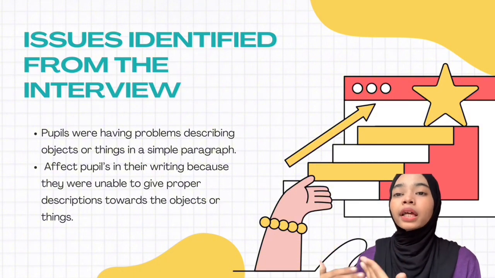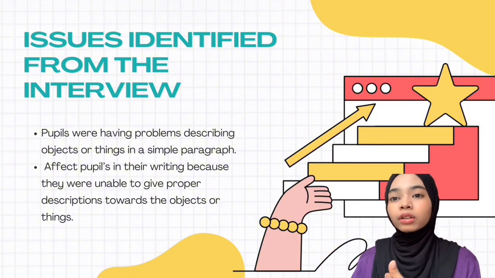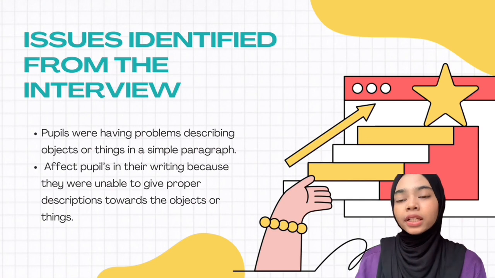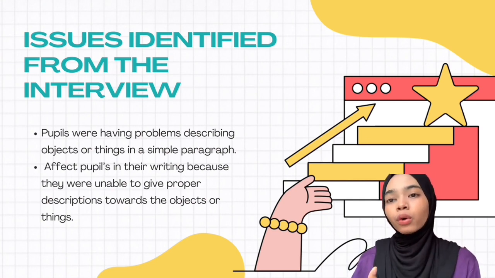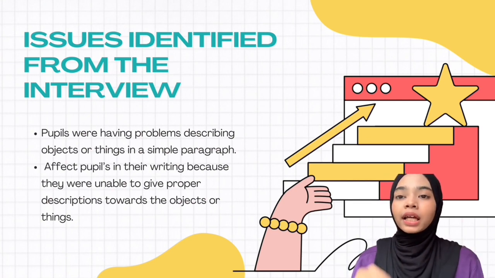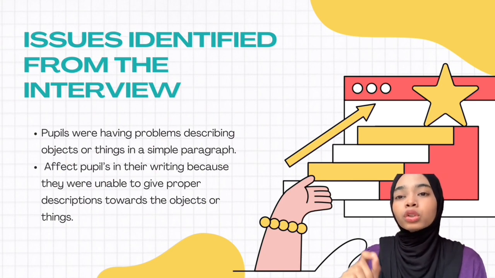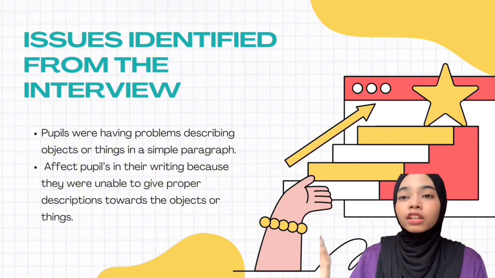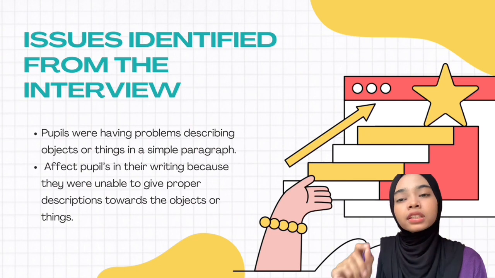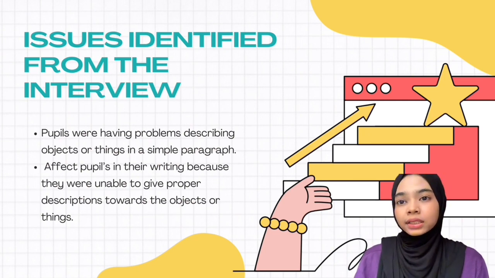From there, they can make a correlation between what they have learned and what they know and apply it in their writing. That's why it's very important for a teacher to guide their writing by giving them a clear exposure and description about what they are learning.